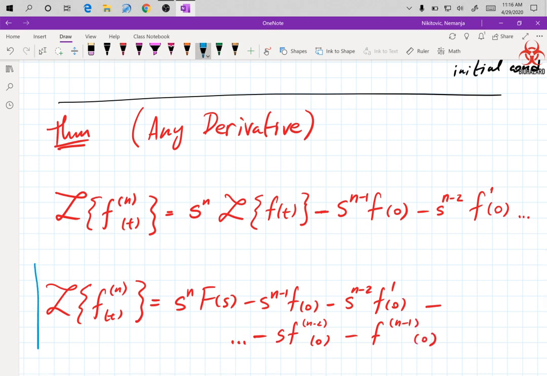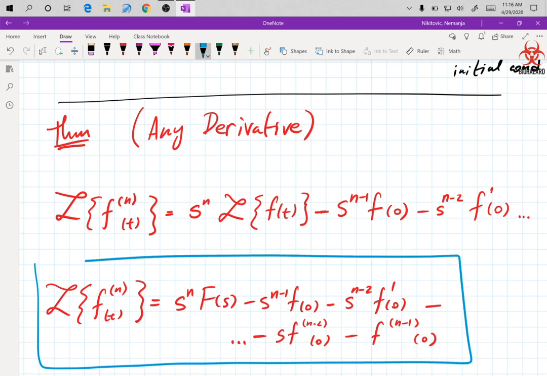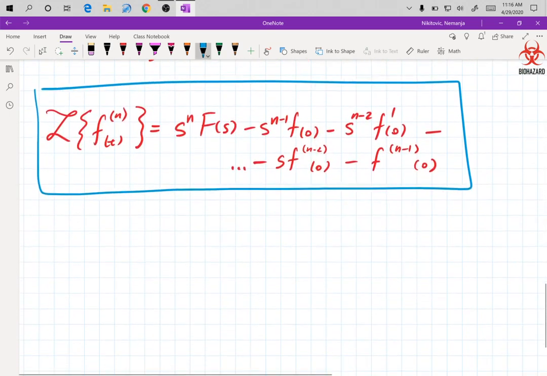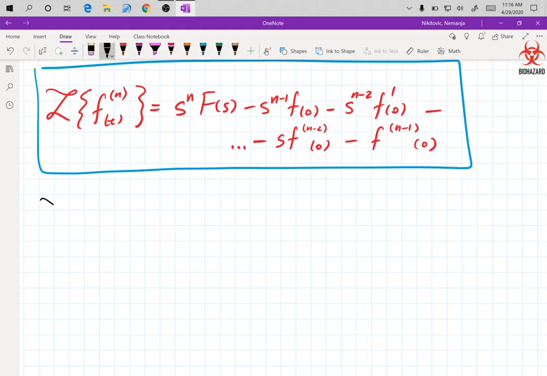This is the formula that will allow us to transform any differential equation, as long as we have initial conditions, using Laplace into a basic algebraic equation. Let's have this thing at work.